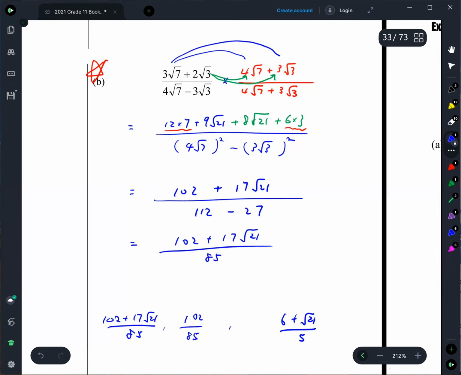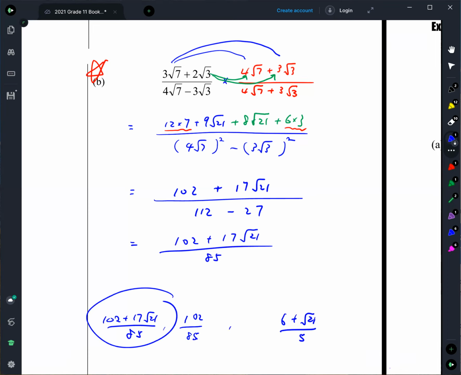So I think most people got to this point because the number is really huge, right? Well, not that huge, but it's big, so it's hard to simplify. So many people will stop there and say, okay, that's it. But if you try with the calculator, the 17, 85 and 102 can all be divided by the same number. They can all be divided by 17.